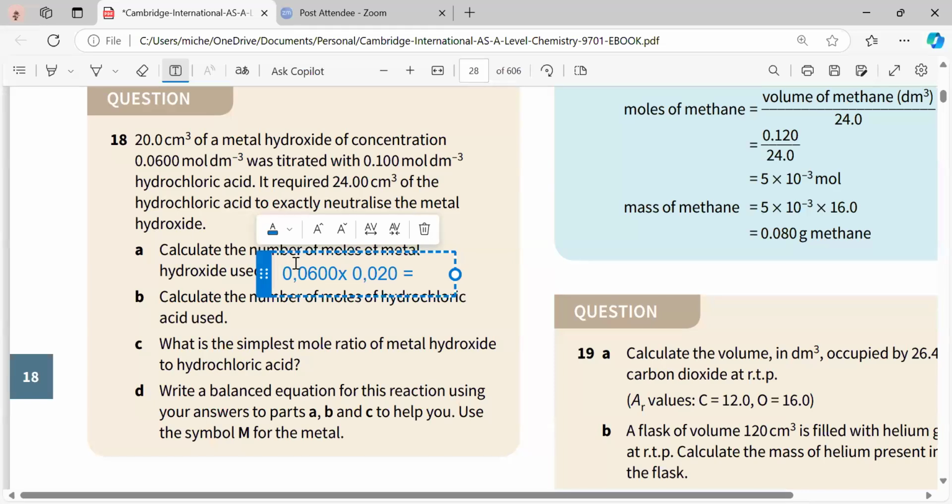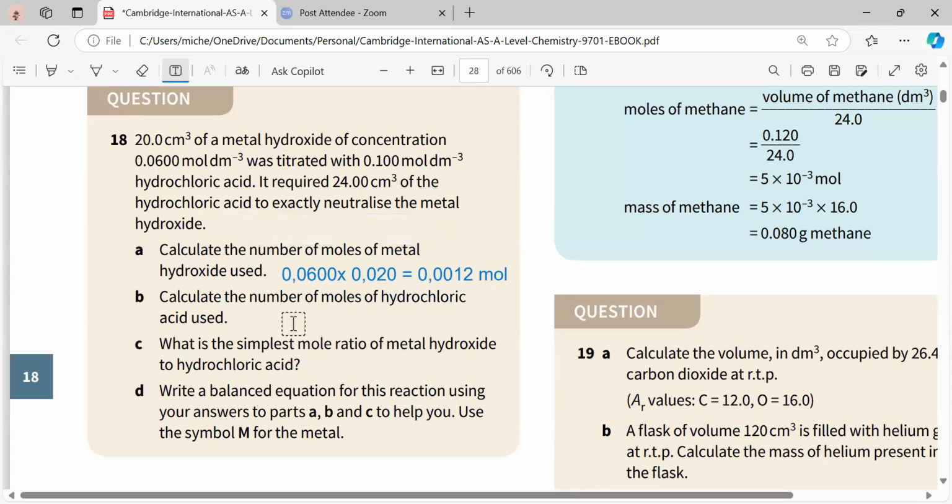So that equals 0.0012. Okay, there's an additional zero actually, it looks confusing. So this is the number of moles for the metal hydroxide.